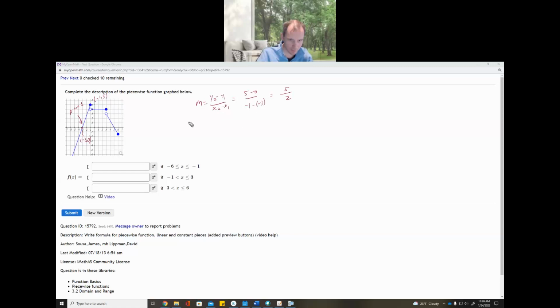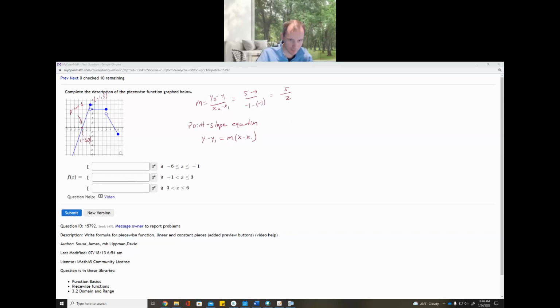Then I can pick either one of these 2 points, and I'm going to plug into the point-slope equation of a line. The point-slope equation goes y minus y1 equals m times x minus x1. Let me just do a quick side note.